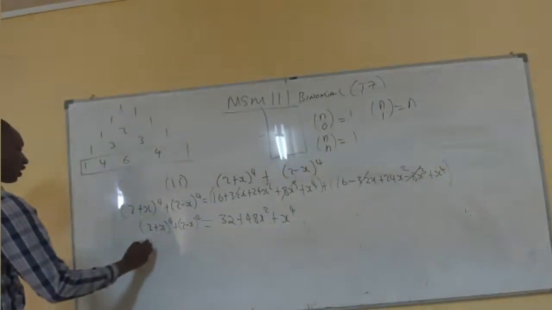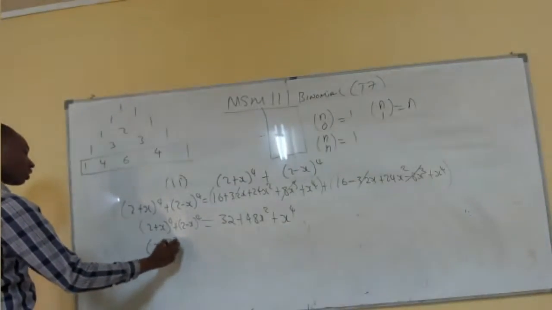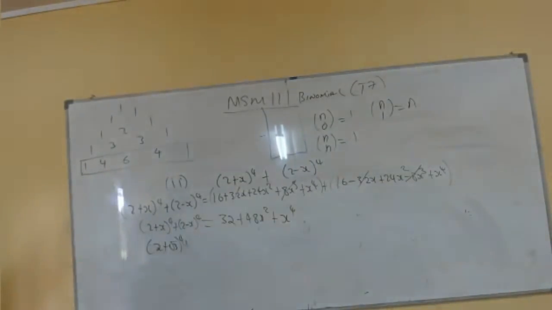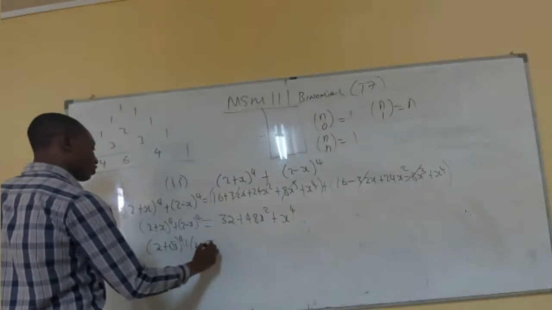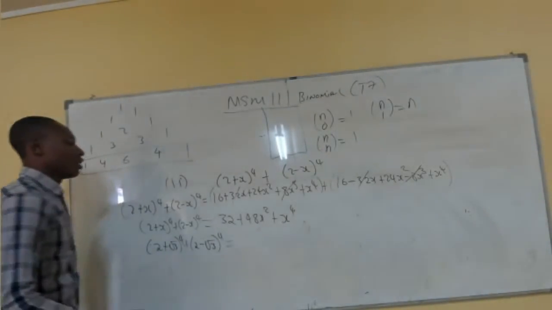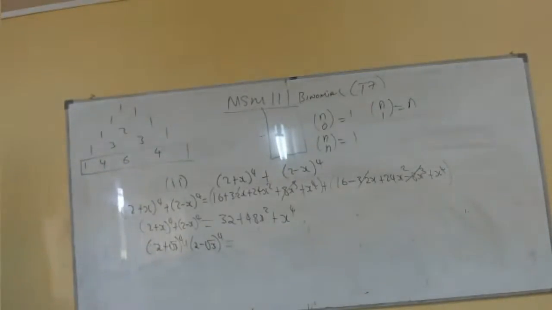You've been told to find the exact value of 2 plus root of 3 to the power 4 plus 2 minus root of 3 to the power 4. So you've been asked to find the exact value of that expansion.